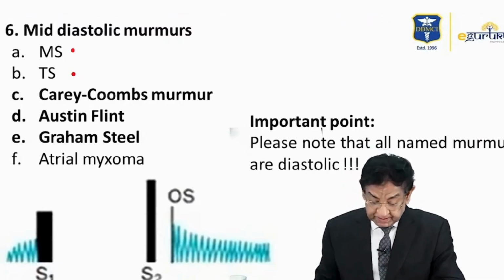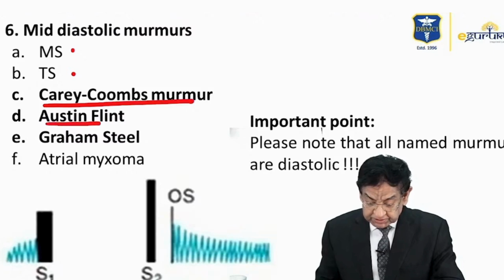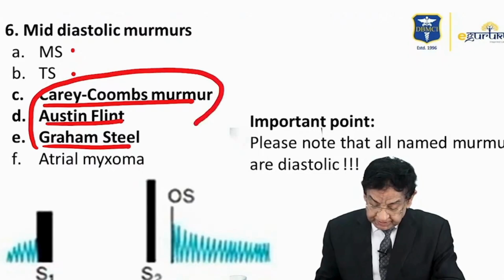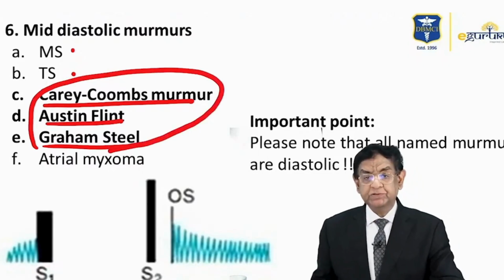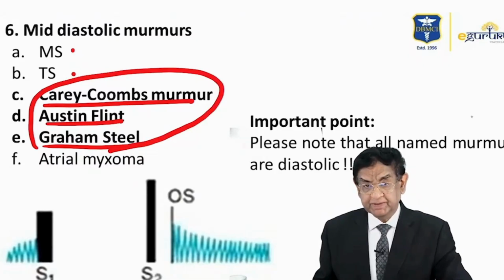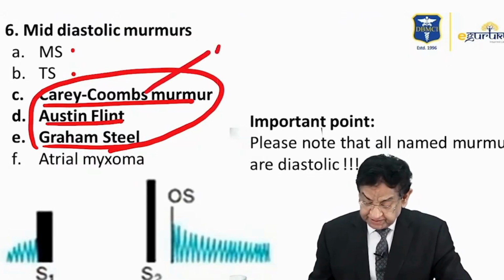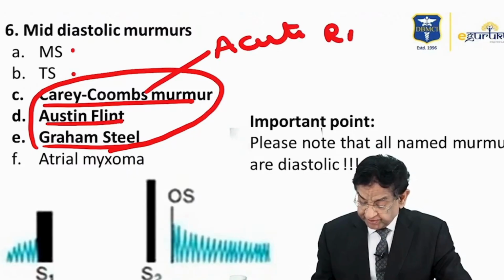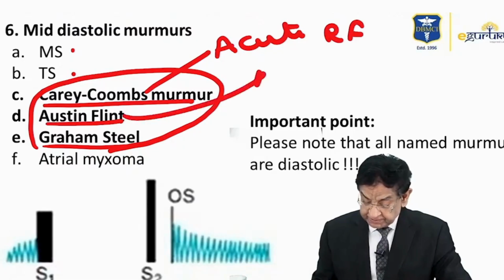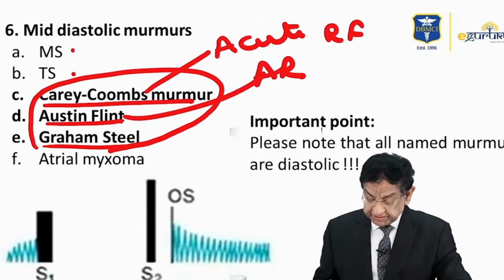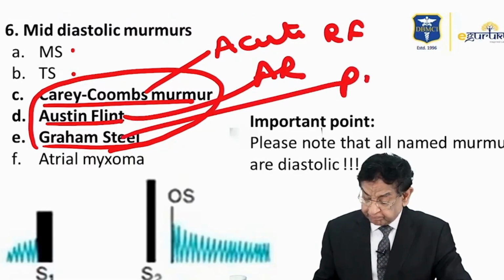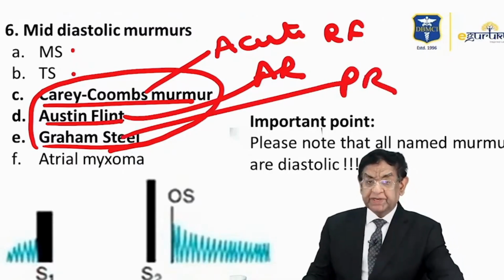But Carey-Coombs murmur, Austin Flint and Graham Steell, these three are also mid diastolic murmurs. This we see in acute rheumatic fever, this we see in aortic regurgitation, and this we see in pulmonary regurgitation.